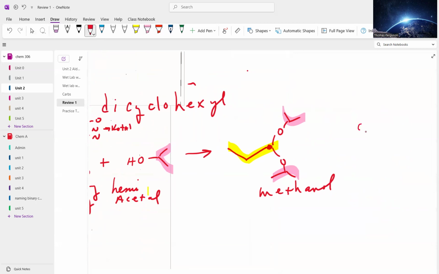We've got OCO, and we've got hydrogen there, and no OH. That means that is now an acetal.